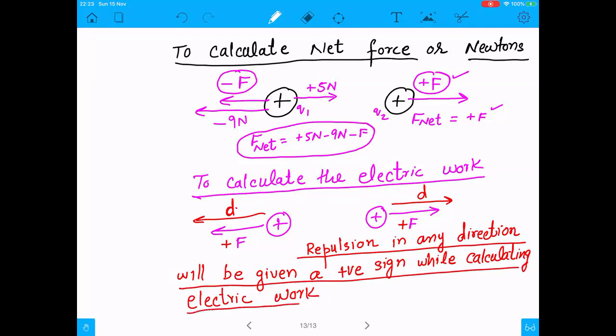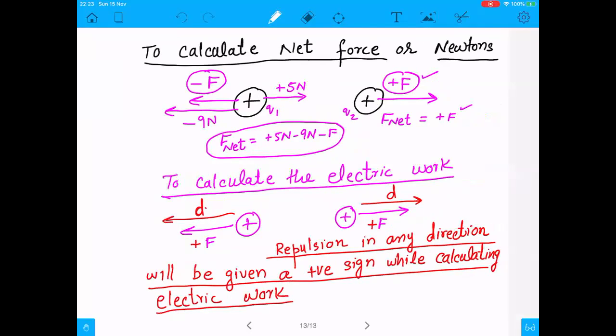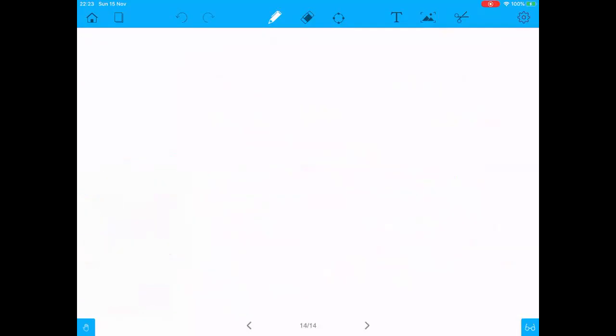While calculating electric work, the repulsion will be given a positive sign. And what about attraction? For attraction, for example, you have two masses, they will attract each other.